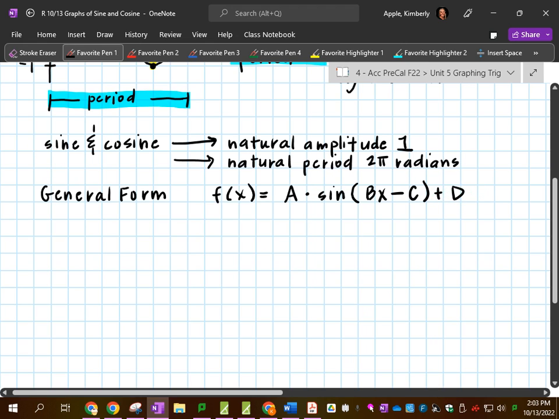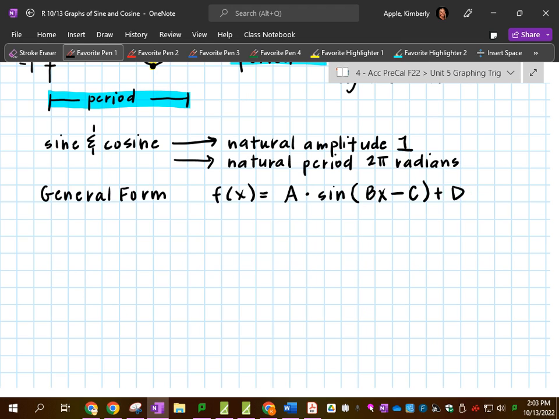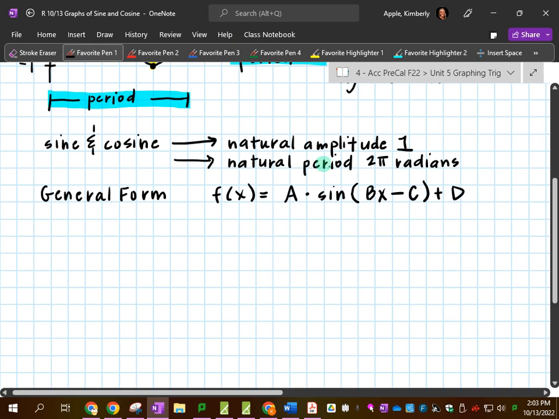You may recognize some of the parameters a, b, c, and d from when we were transforming other types of functions before. We had a number multiplied out front, we had a horizontal shift c, and we had a vertical shift d. And this is very much the same thing.